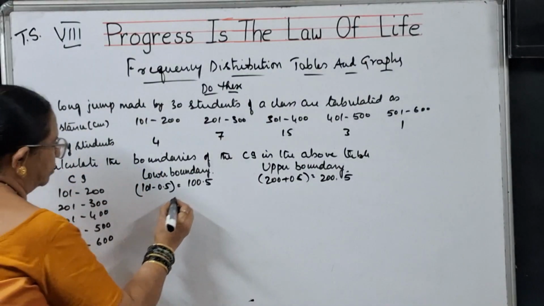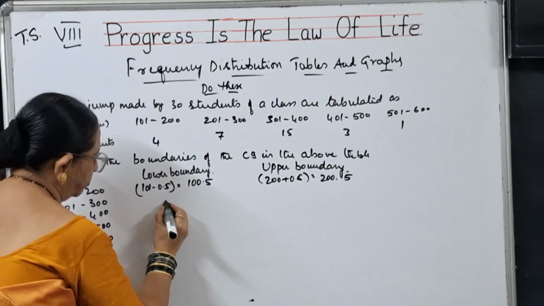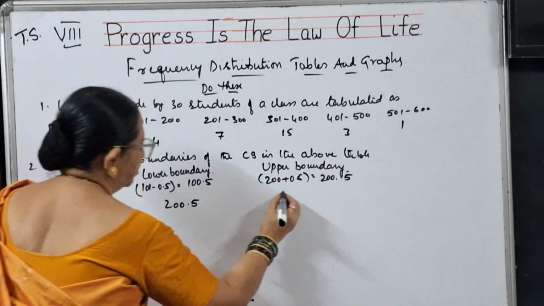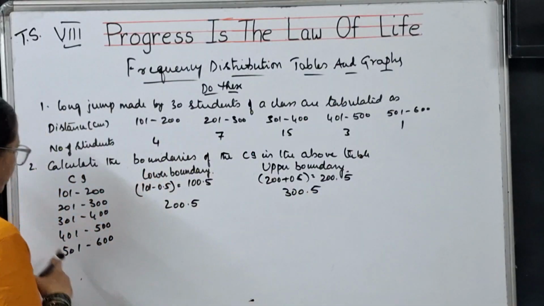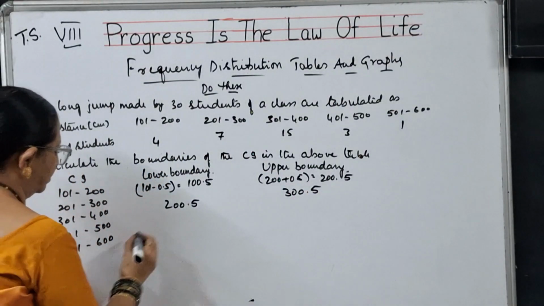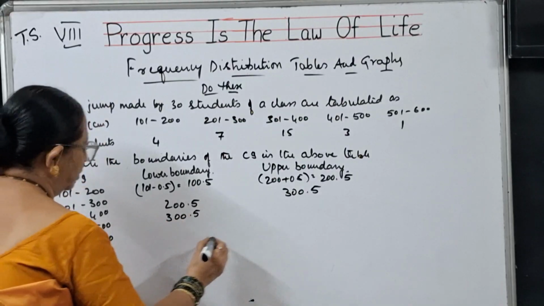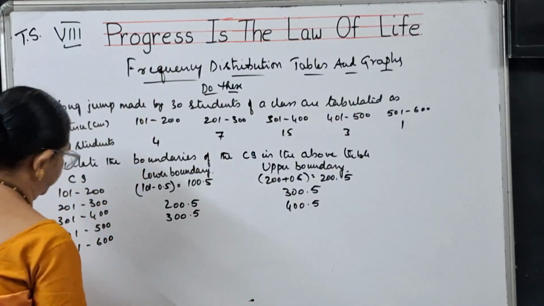And similarly, the second one will be: lower boundary is 200.5 and upper boundary is 300.5. Next, again 300.5 and 400.5.